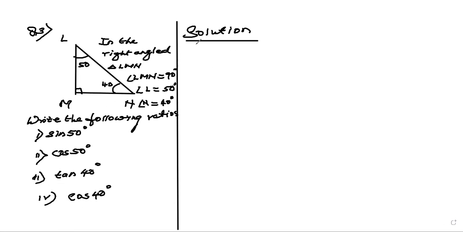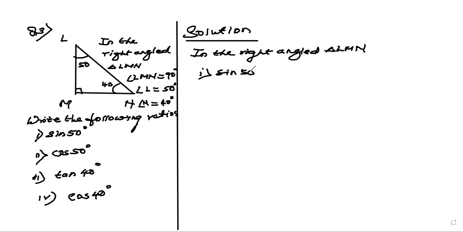So how easy, children? I told you, first in my solution, I'm going to say like this: in the right angled triangle LMN, children, you want first sine 50. Sine is O over H. Only thing is you should know, we can also put the measure of the angle with the ratios, okay?